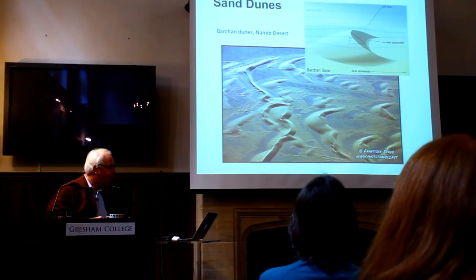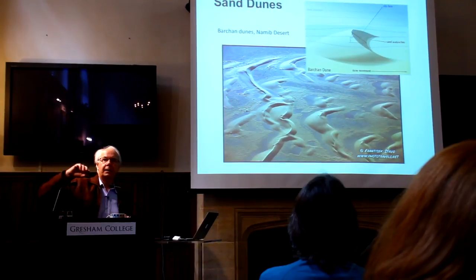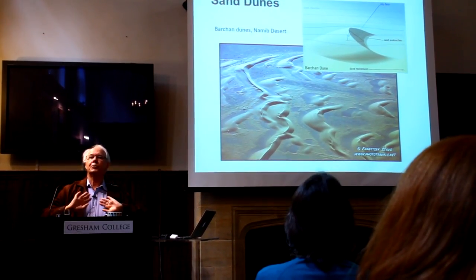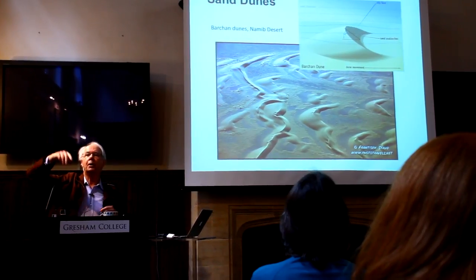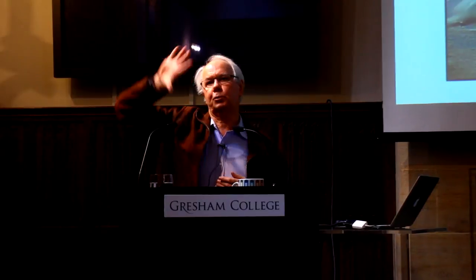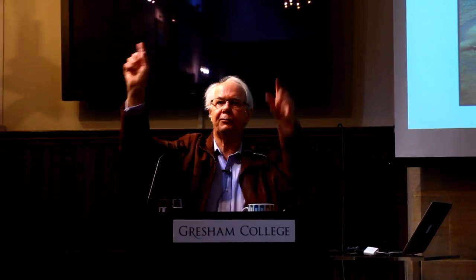And the way they form is you essentially get a pile of sand builds up as the wind blows. And the wind blows over the top, and it forms a big vortex that sweeps out the bit in the middle of the crescent. The region in the middle is where this vortex is sweeping stuff out and funneling it out to the edges.